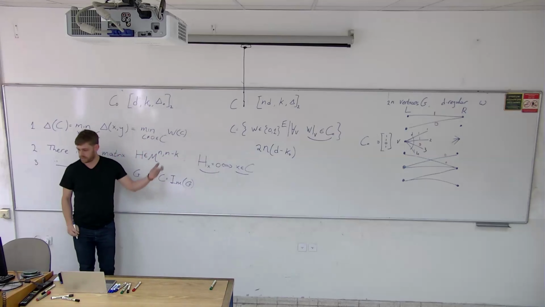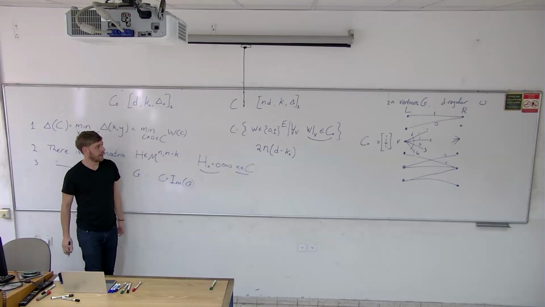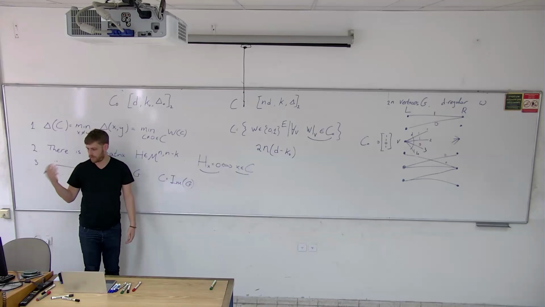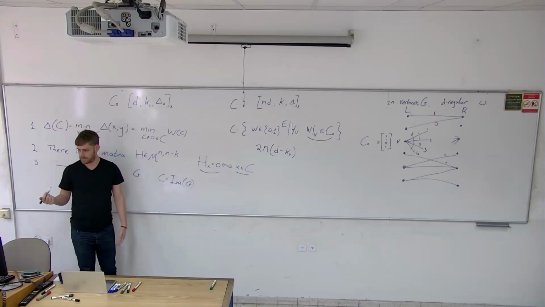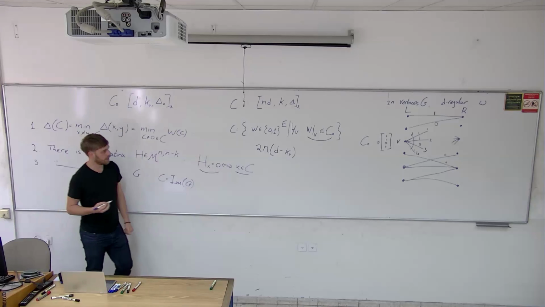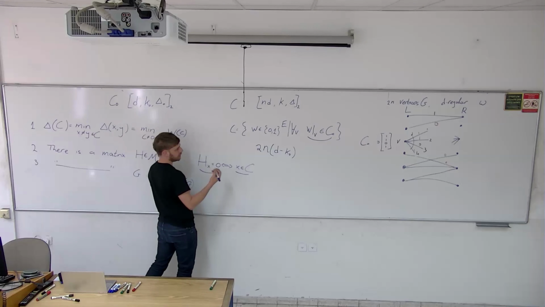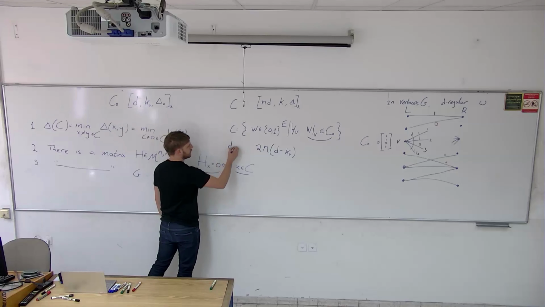So this is the number of linear constraints. And what is the dimension of the whole space? The size of the space is 2 to the dn, and the dimension is dn.